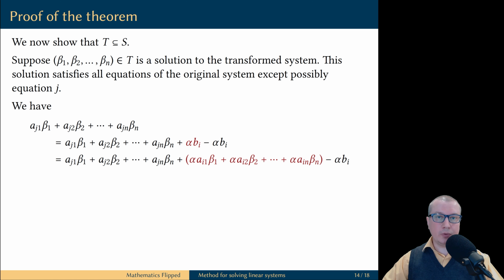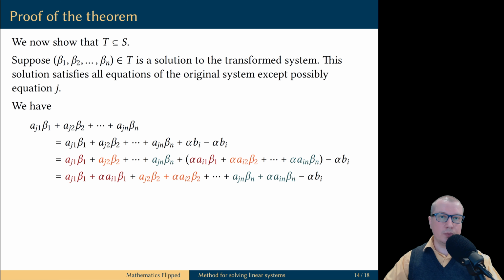Now, why can I do this? These two expressions are equal because betas satisfy equation number i of the transformed system. And in particular, they also satisfy the scaled equation if you multiply both sides by alpha, as we already proved in the scale operation. Next, I'm going to perform some algebraic manipulations. I'm going to group the terms according to the betas, and this is what we'll have.